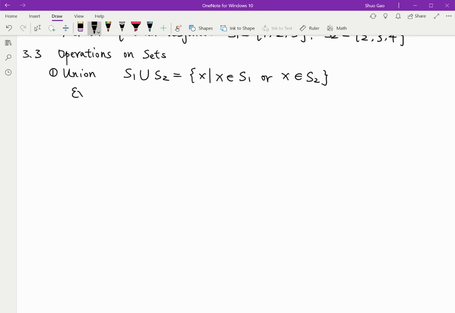So for example, S1 is 1, 3, 5, and 6. And S2 is 2, 4, and 6. There are two sets. So S1 union S2 should contain all the elements that are either in S1 or in S2.